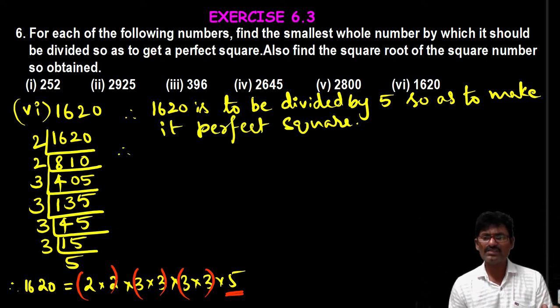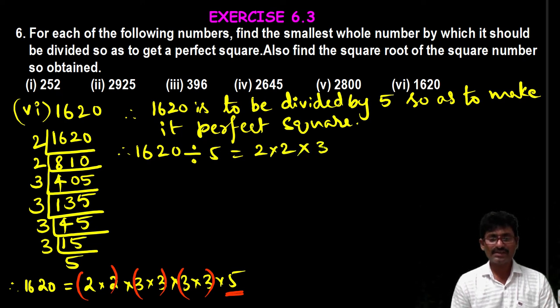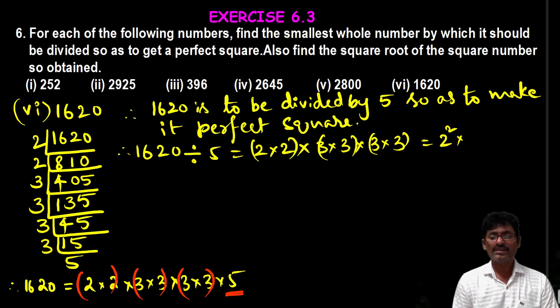So let us divide 1620 by 5. In the prime factorization, divided by 5 means this 5 will be cancelled. So write the remaining values. So this is equal to 2 times 2 times 3 times 3 times 3 times 3. Now make pairs. So this is equal to 2 square into 3 square into 3 square.